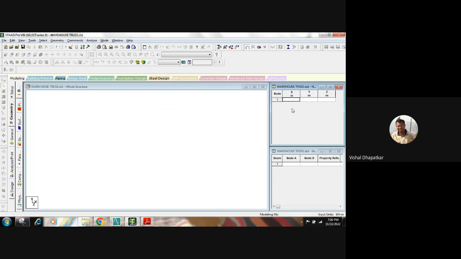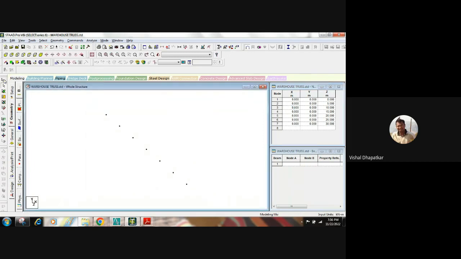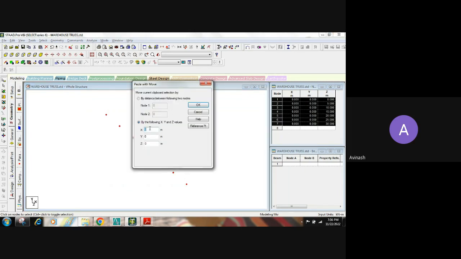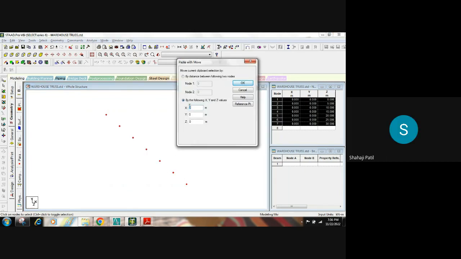Anyone? What happens if we don't provide any column over there? Our structure is how it is. It is open or closed. Open, sir. Our structure is closed. Right?